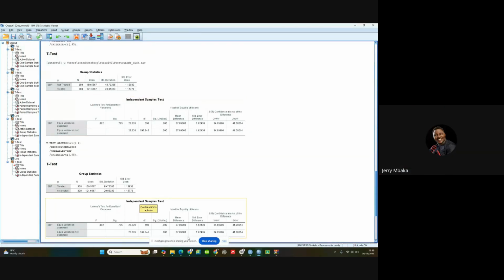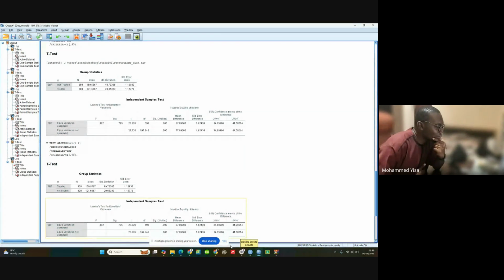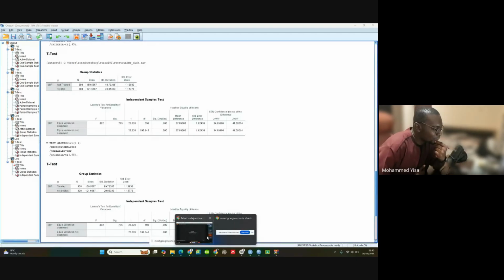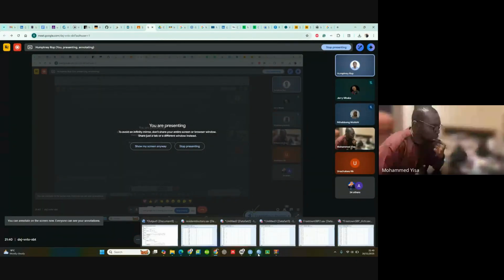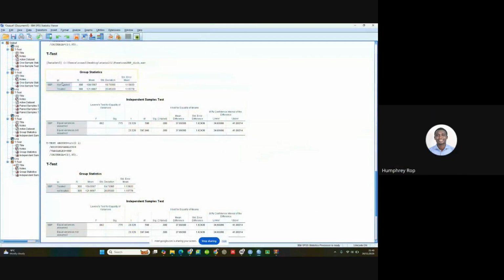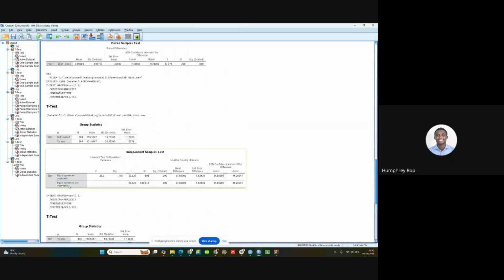Humphrey, yeah. Very clear. So not treated versus treated, yeah. Treated versus not treated. Okay, so you said you are getting the same. I'm getting the same result because here from the output you can see not treated the first one, the average, and then I alternated and I got the same.